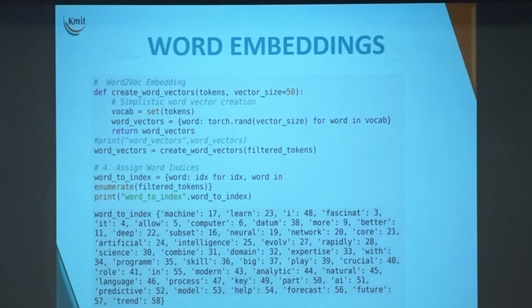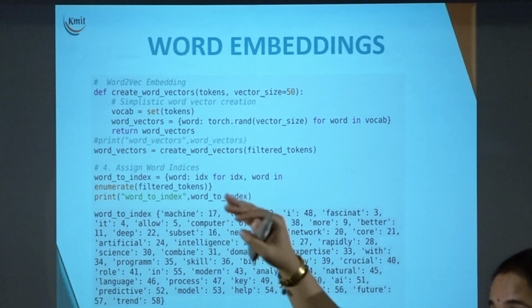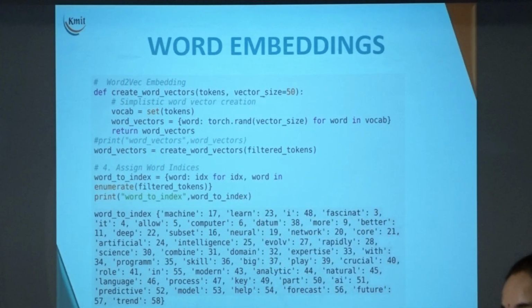After that, I also require indices for these tokens. So I have to provide an index for my token. For this I am using the enumerate method, so that I can provide an index to my token and the word vector generated for it.